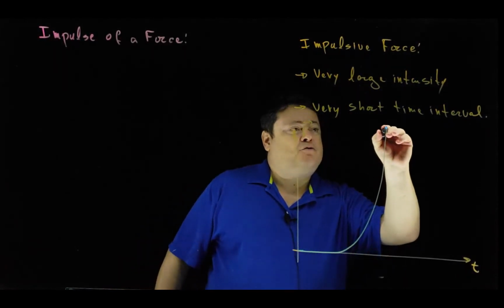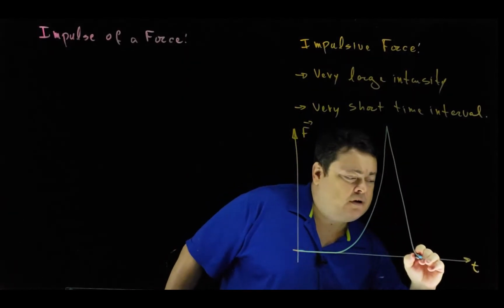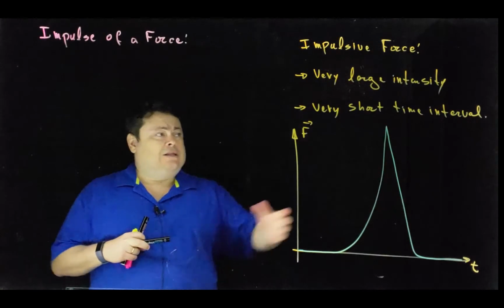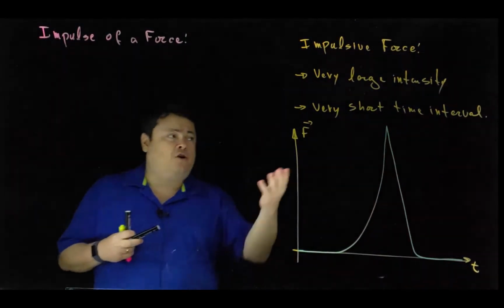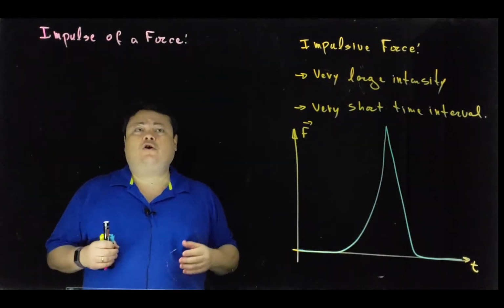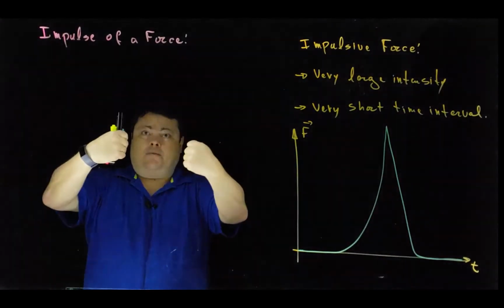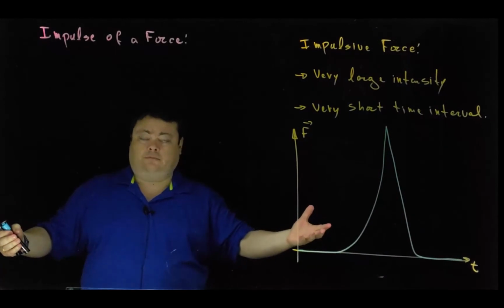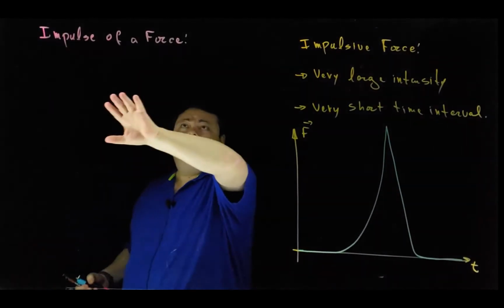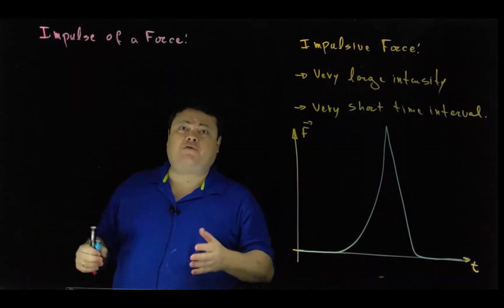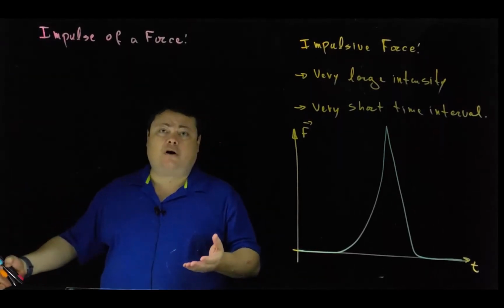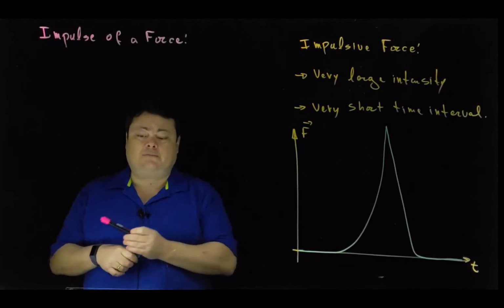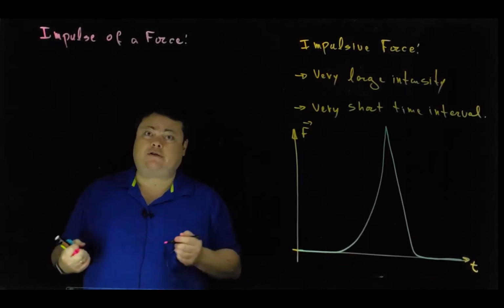It spikes suddenly to a very large value and then comes back to 0. A force like this is a typical situation of a collision, two objects crashing against each other, or perhaps of an explosion. Okay? And impulse of a force, although it can be defined for any force acting on an object, is more meaningful when we are discussing impulsive forces acting on a system.